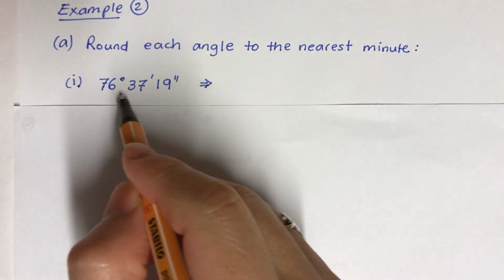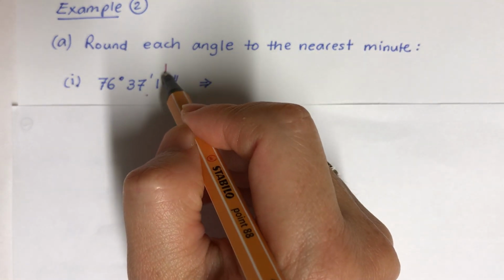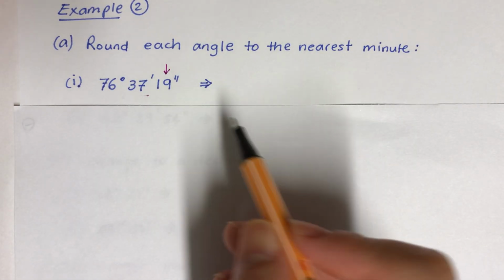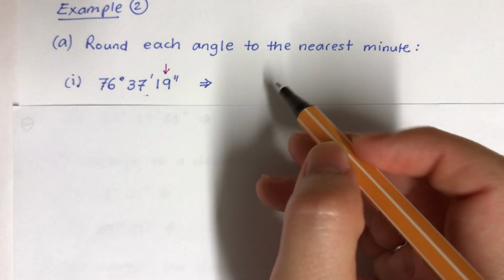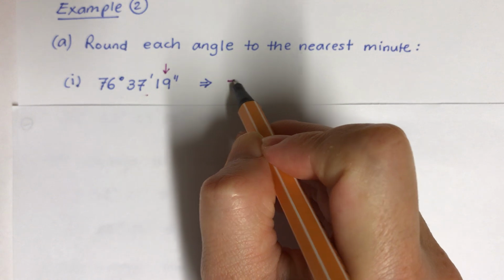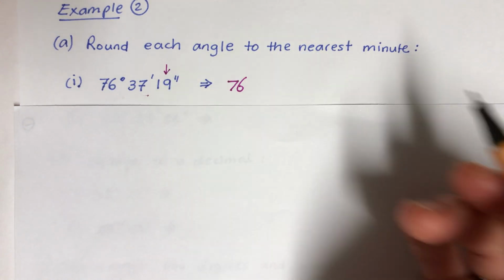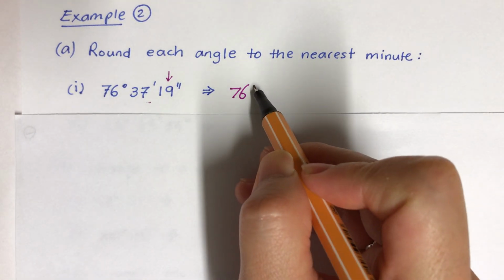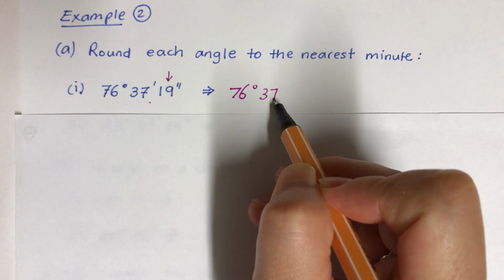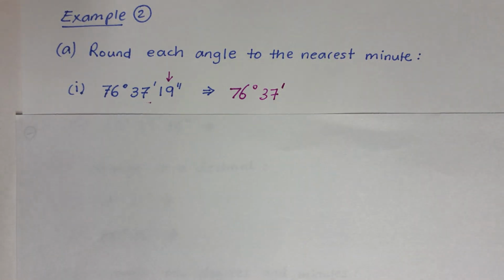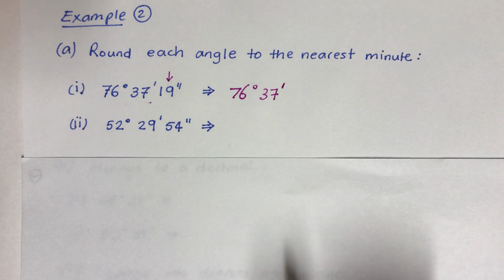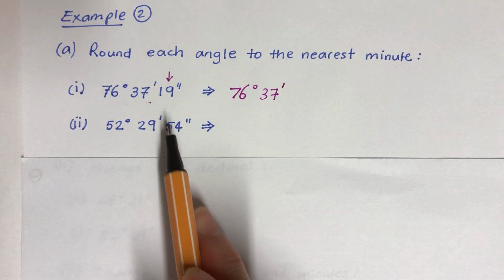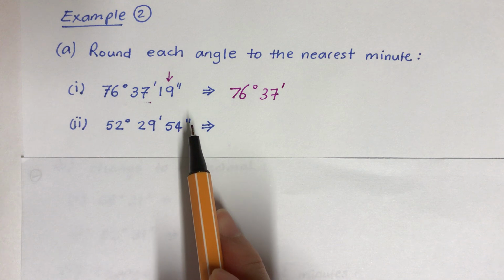I look at my seconds, and the seconds are less than 30, so it's not going to round up, so I'm just going to ignore that. So the answer should be 76 degrees and 37 minutes. Then the next one, 52 degrees, 29 minutes and 54 seconds.